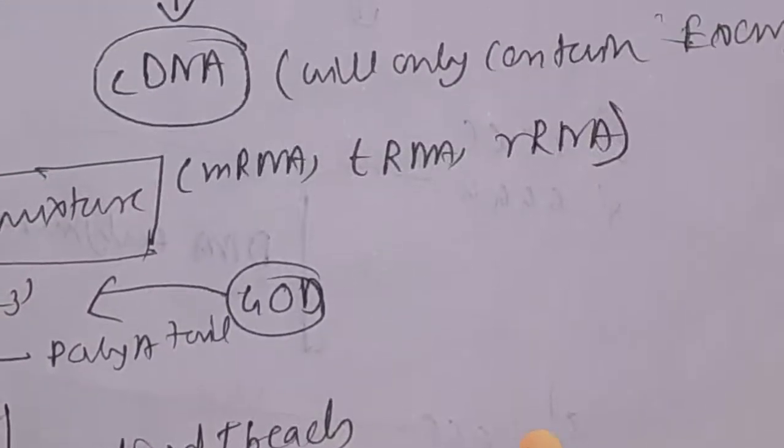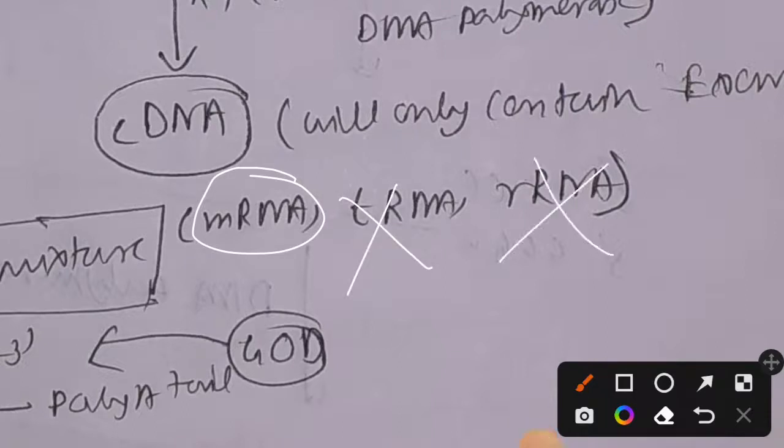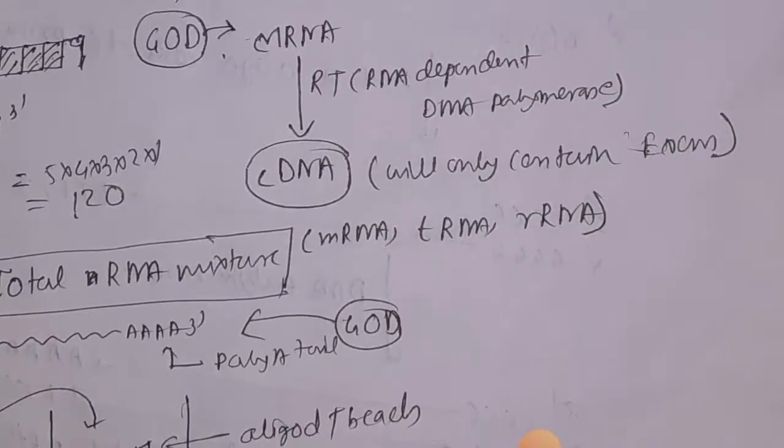Remember, only mRNA is responsible for protein production, tRNA and rRNA are not. So we need only mRNAs. Our first goal should be to isolate the mRNA from those tRNA and rRNA molecules.